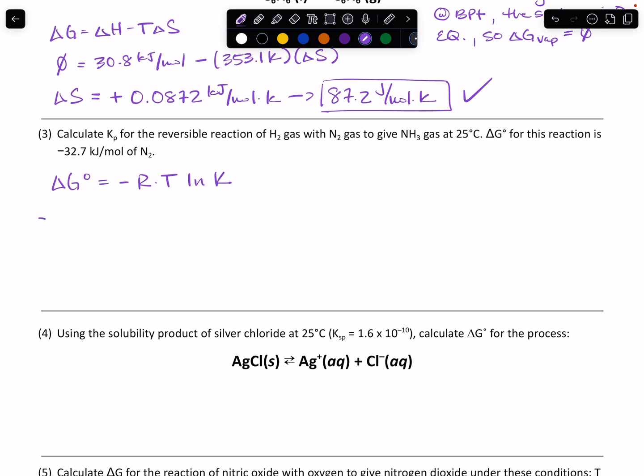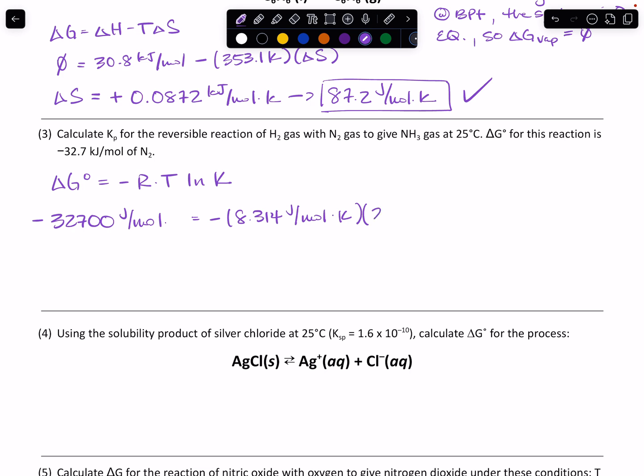So delta G is negative 32.7, but don't forget the units for R. So I'm going to convert that to negative 32700 joules per mole, equal to negative 8.314 joules per mole Kelvin times temperature. There's no Kelvin for delta G, I was getting ahead of myself.